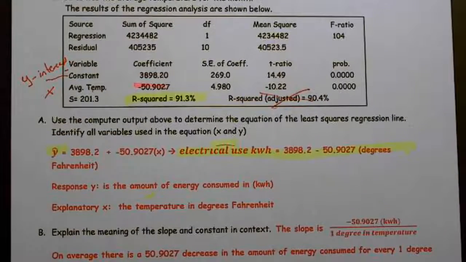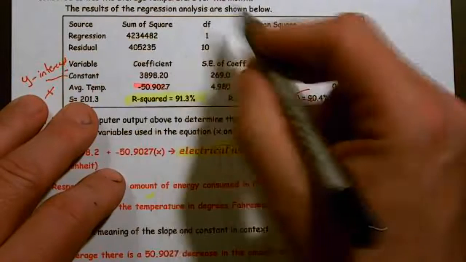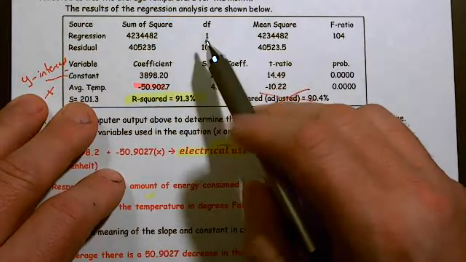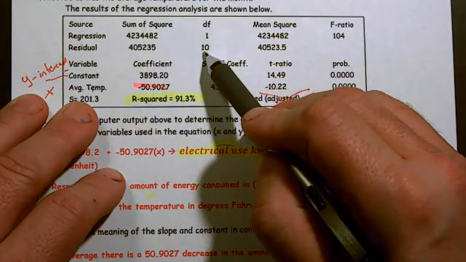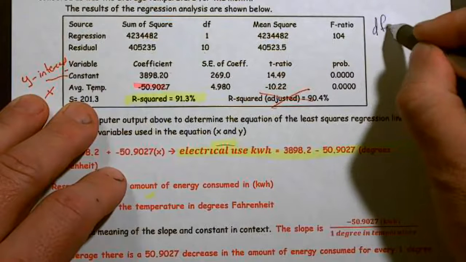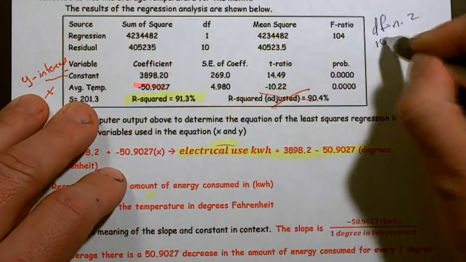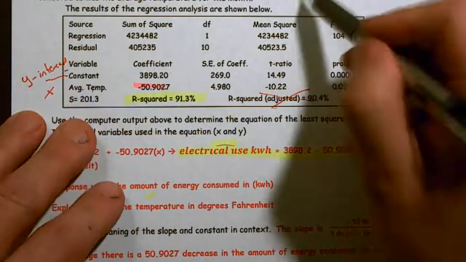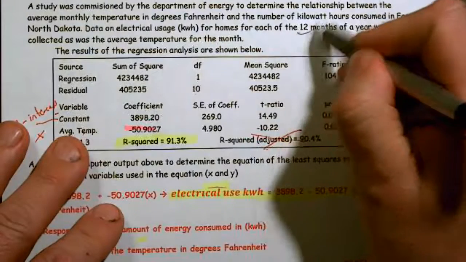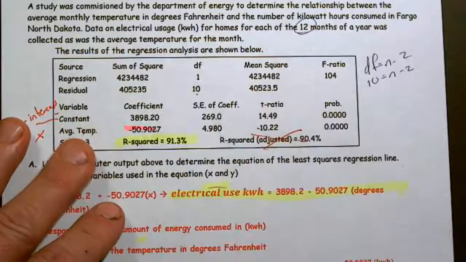And you know what? I'm going to point one other thing out. Once again, I look at this and I go, you know what? Sample size. I can look here and it's 10, but degrees of freedom is n minus 2. So 10 equals n minus 2. So my sample size is 12. And sure enough, they told me it was 12 up there. But this is where the sample size comes from.